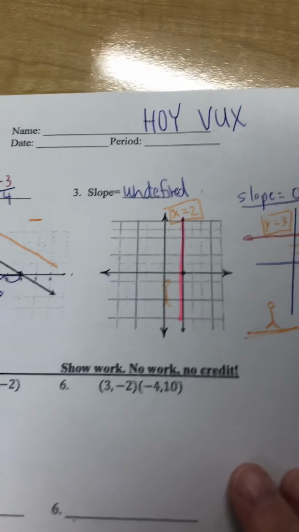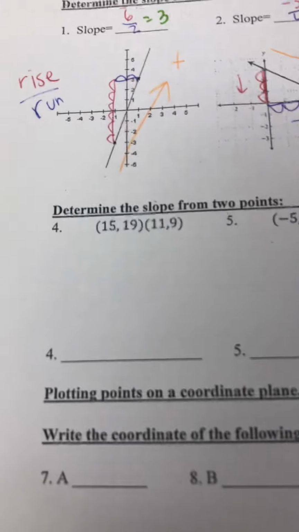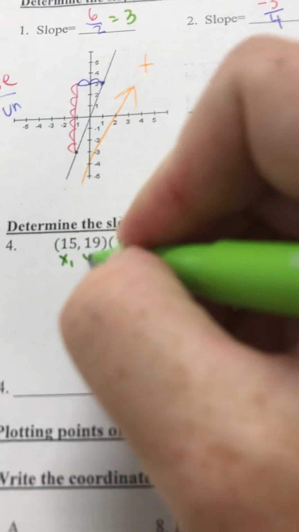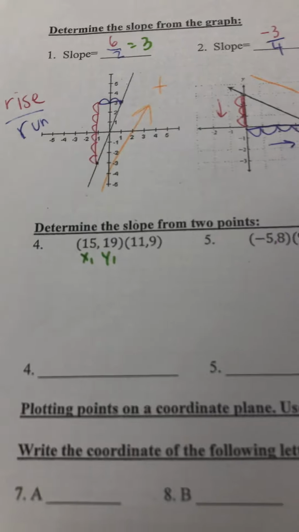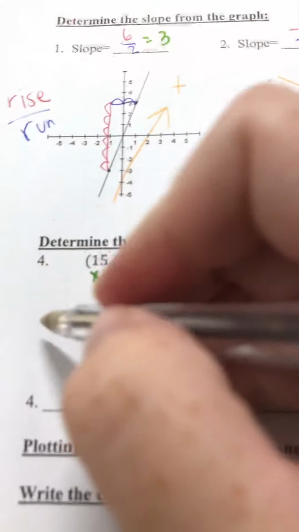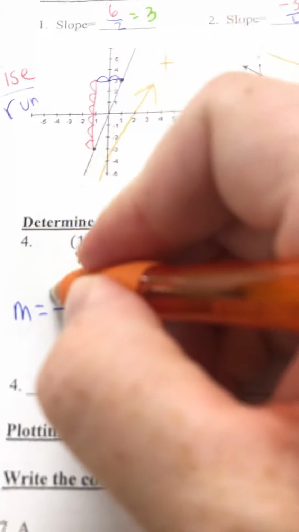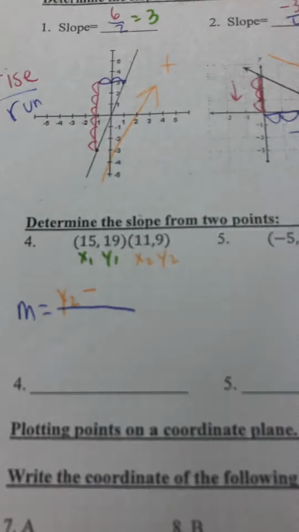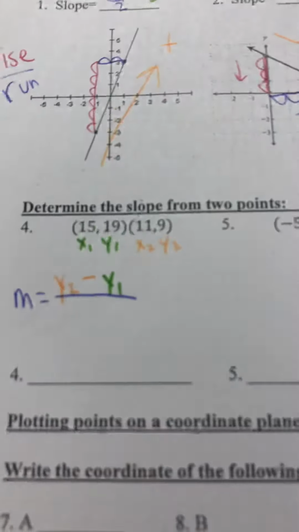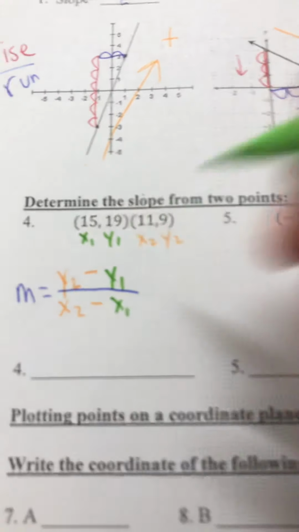Hopefully that helps you. Then what if we have 2 points? I'm going to label this x1, y1 and x2, y2. And I know the equation of slope from 2 points is y2 minus y1 over x2 minus x1.